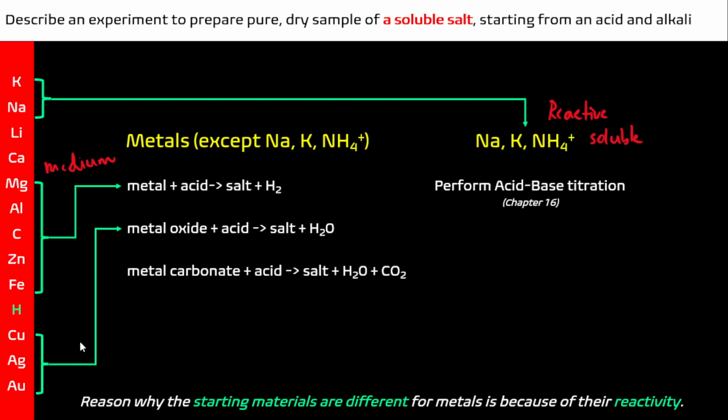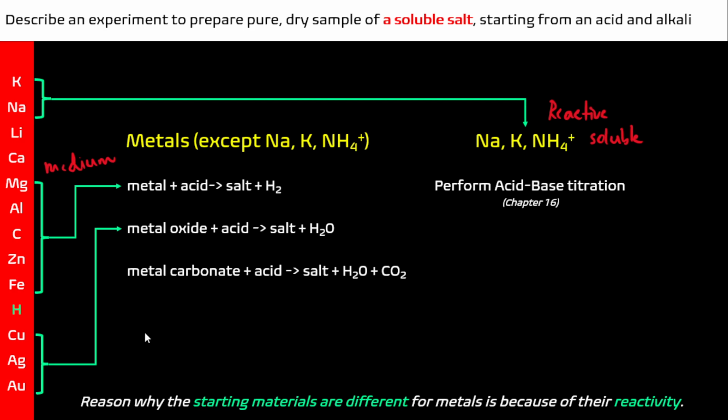But for the very less reactive metals below hydrogen, which are copper, silver, and gold, we need a metal oxide to react with acid to produce the salt that we want. I already discussed this in the last video as well.